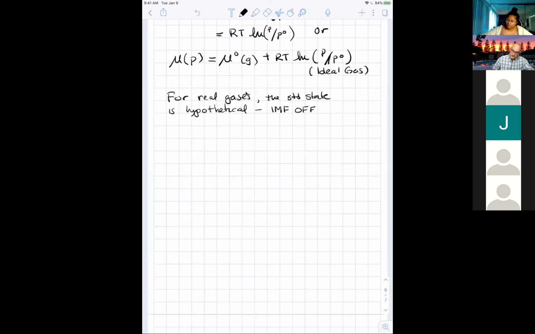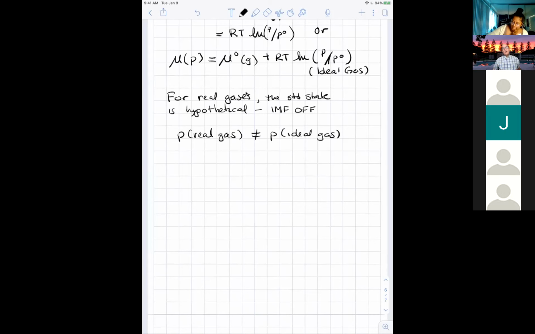So the first thing I want you to realize is the pressure for the real gas is not the same as the pressure for the ideal gas, right? This should be clear.